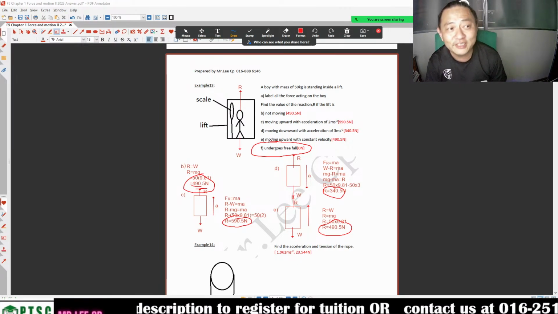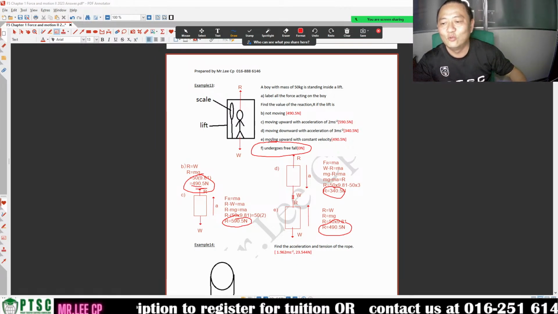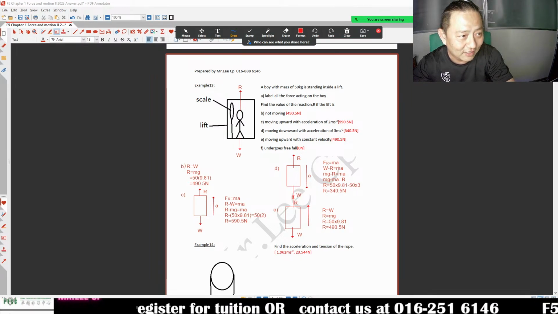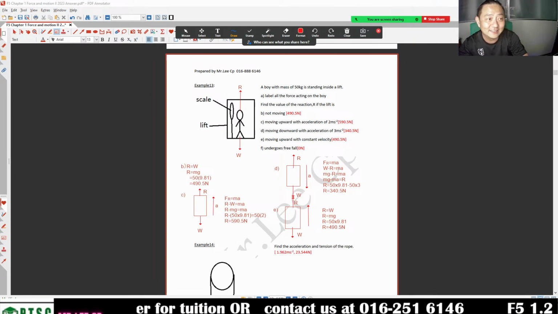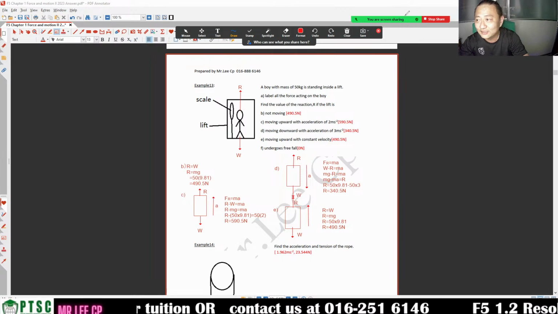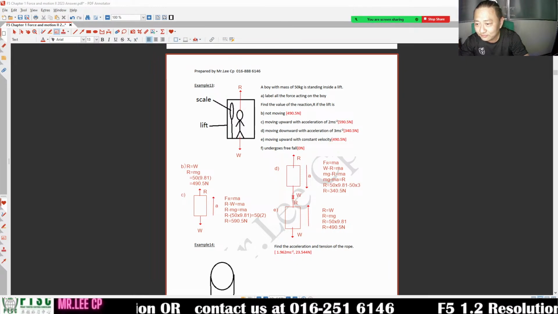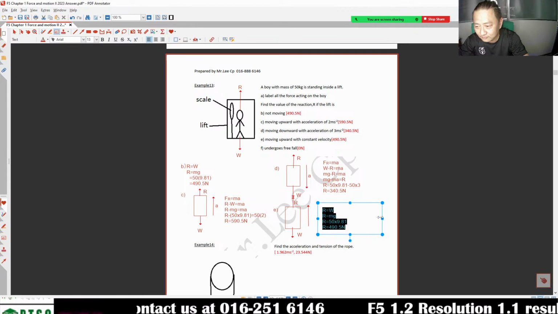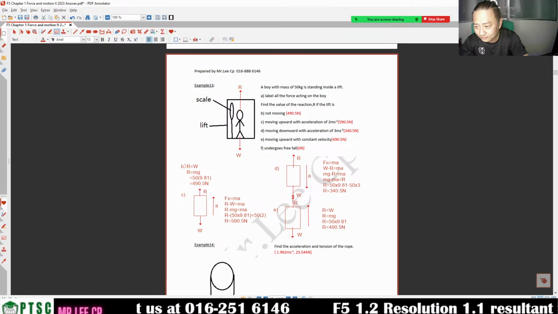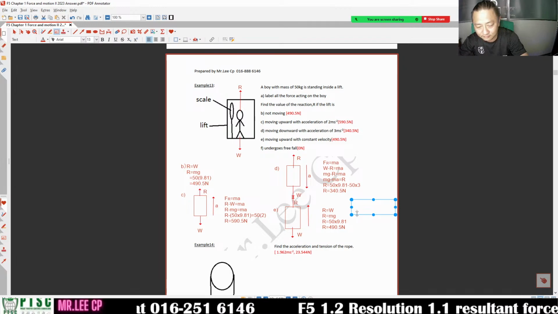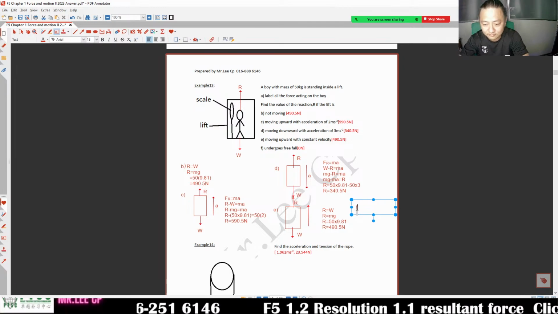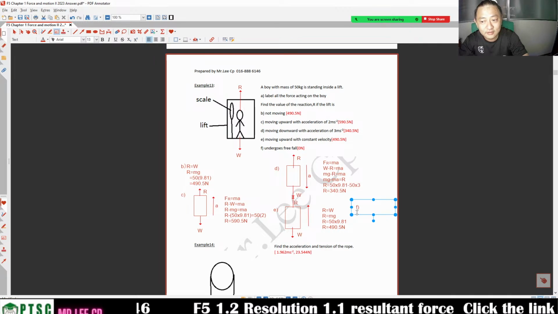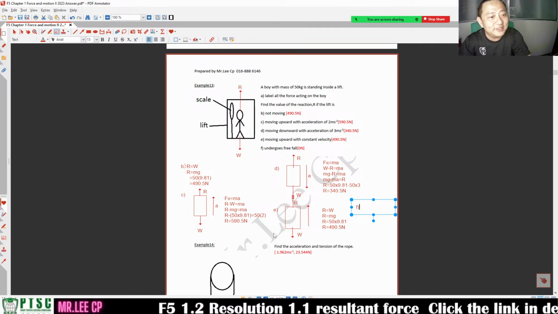Then what will be the reading? Guess. What is the reading for logical thinking? What do you think? Now, what's the reading?